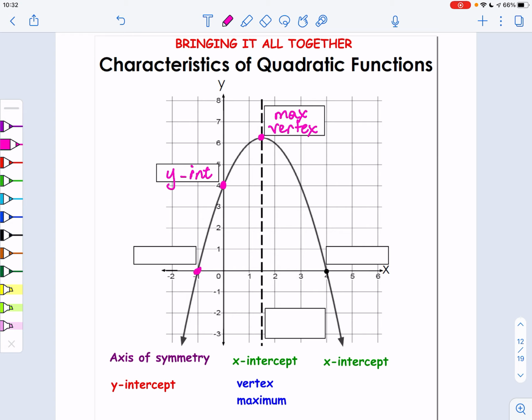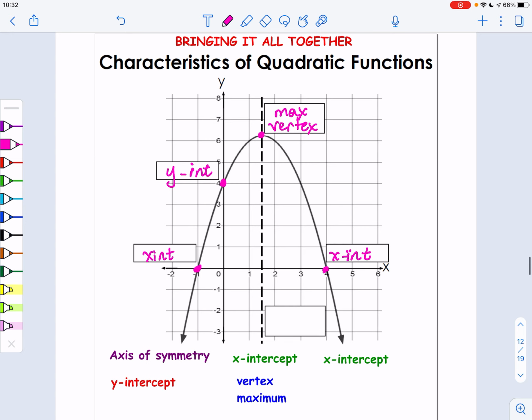Here is one x-intercept, where your graph crosses the x-axis, and here is your other x-intercept. And then, of course, this is your axis of symmetry that passes through your vertex.